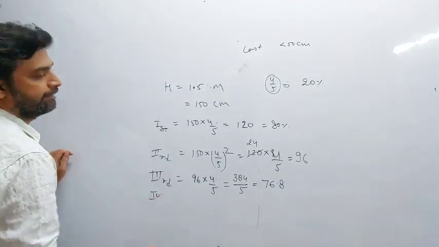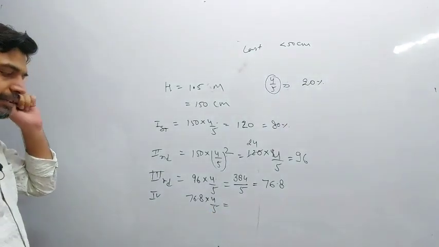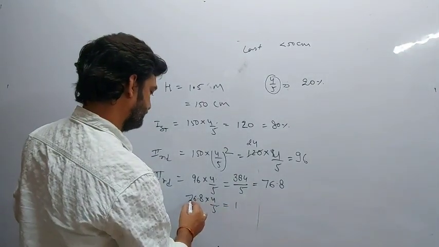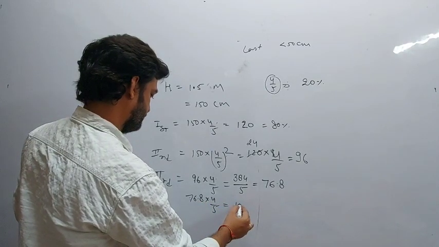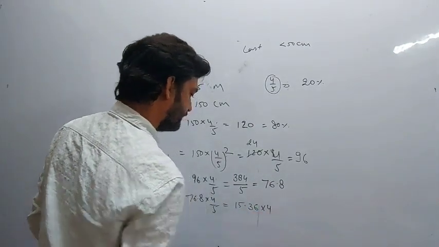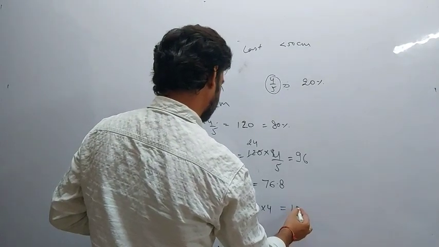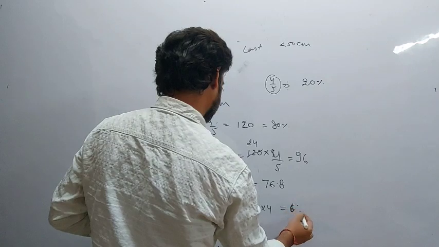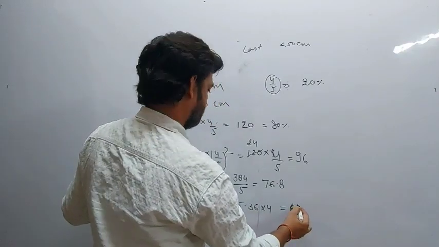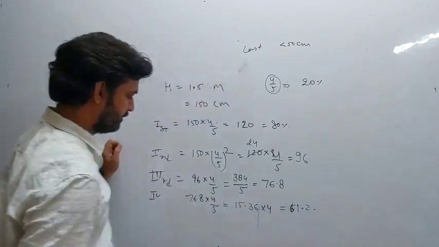Fourth one, again 76.8 into 4 by 5, right? So we'll divide it in this way also, this will give you 61 point something on the fourth one, right?